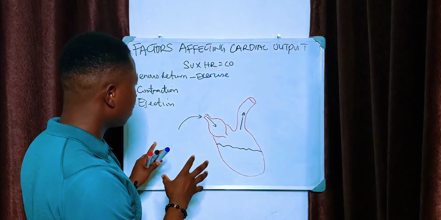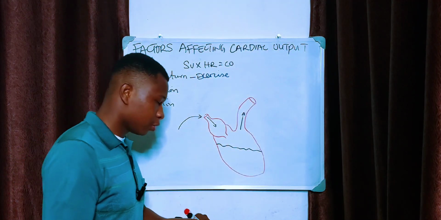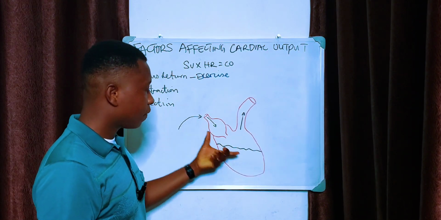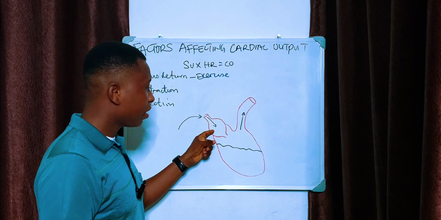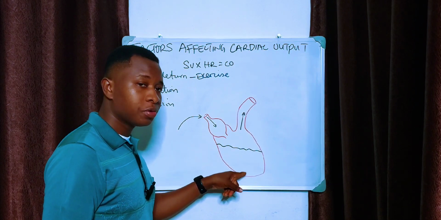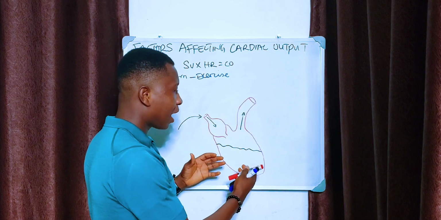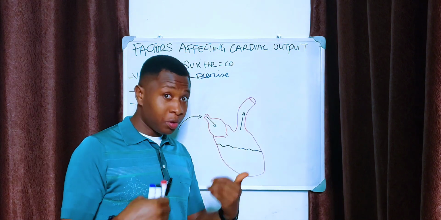Now, the second, before we go to contraction: when the blood returns to the heart, it moves from the atrium to the ventricles. In the ventricles, the heart needs to relax for it to be filled with blood.